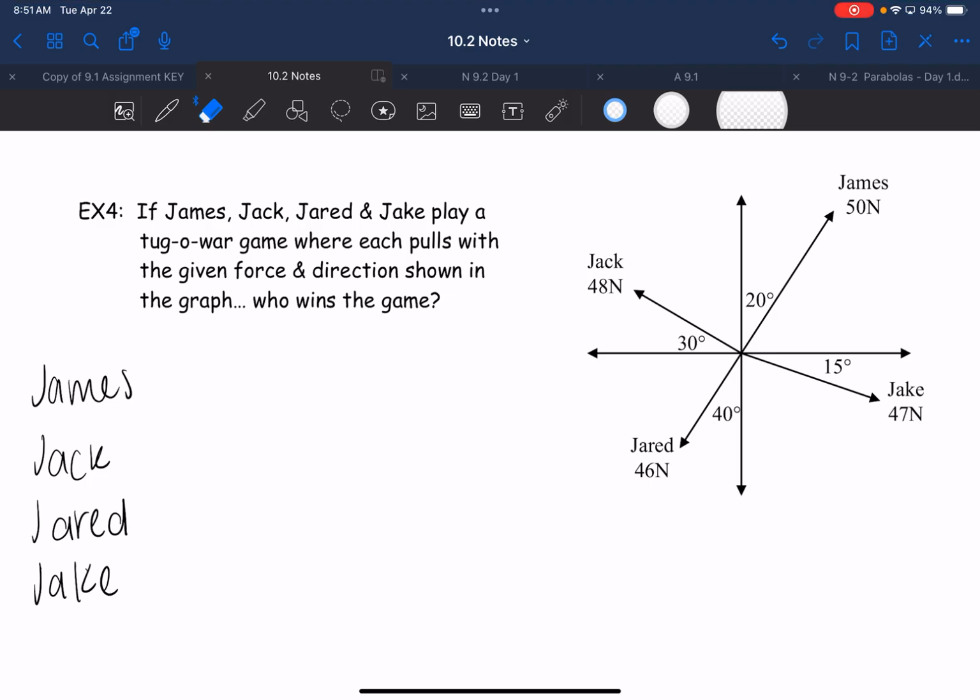Yeah, I got a negative. And it's still Jack. Force is greater, so I thought. I haven't done it yet, I'm not finished.